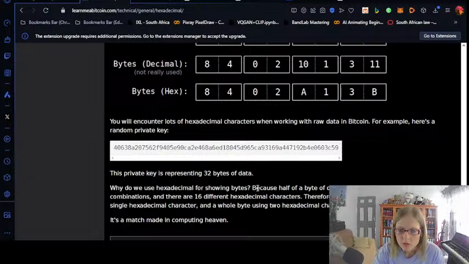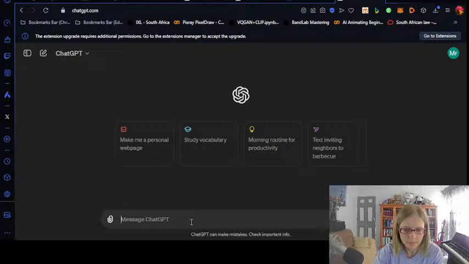I want ChatGPT to explain to me why half a byte of data has 16 different possible combinations. Can you explain why or how?